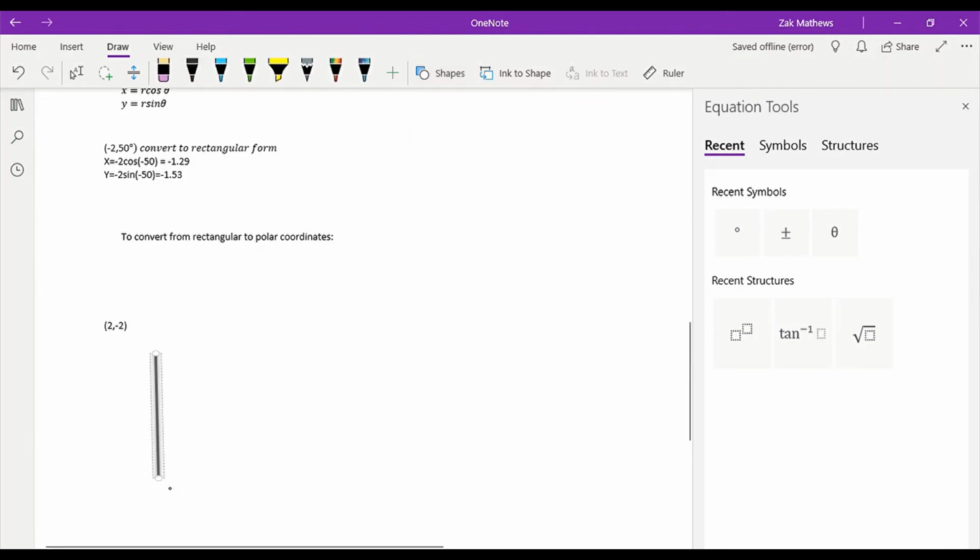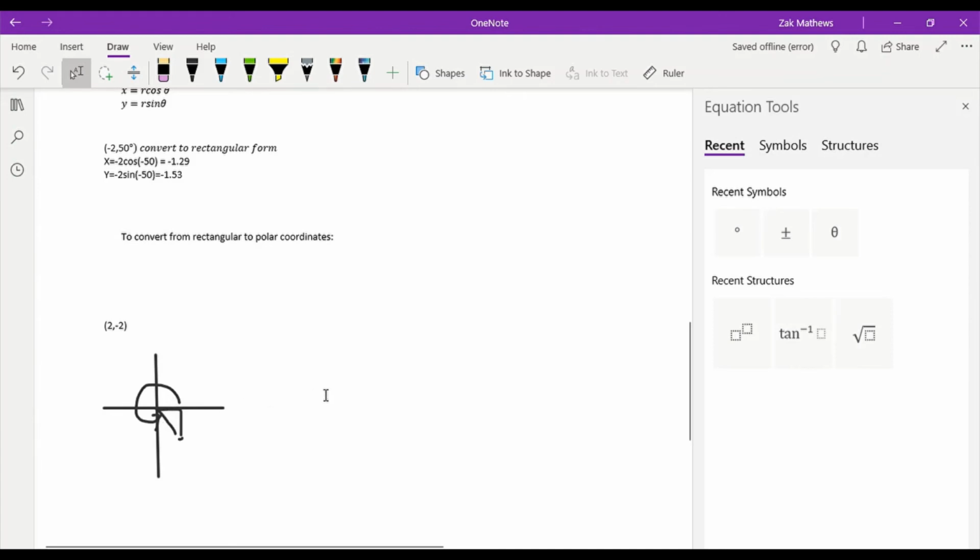We know that 2, negative 2 would be in the fourth quadrant. 2, negative 2 will be somewhere right around here. And so if I know the x and the y, and I want to get the r and the angle, well, obviously we're going to use our right triangle trig again. So to find my angle, or let's start with the r.